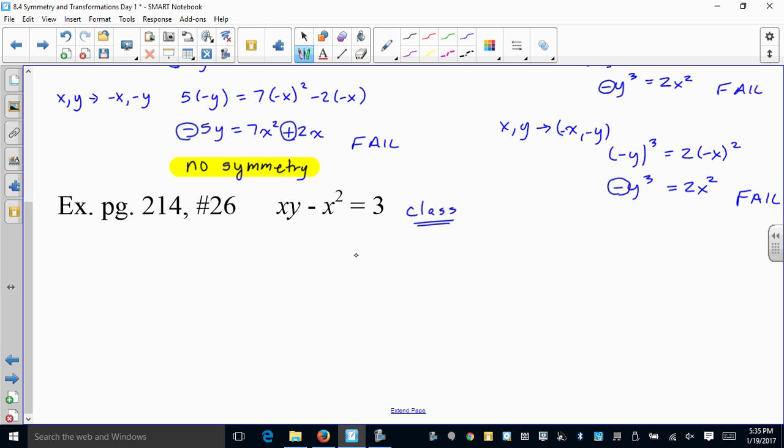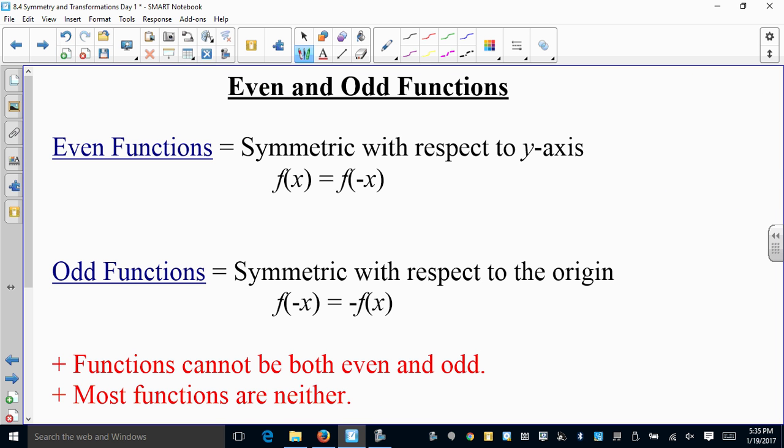All right, one more idea on these is even and odd functions. If it's symmetric with respect to the y-axis, it's an even function. Again, over the y-axis. If it's a mirror image, then you have an even function. You can also write it as f of x equals f of negative x.